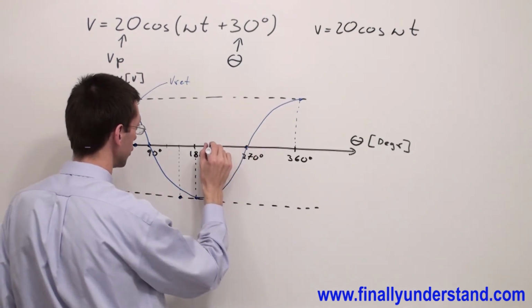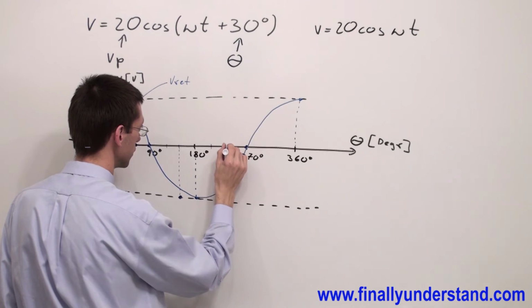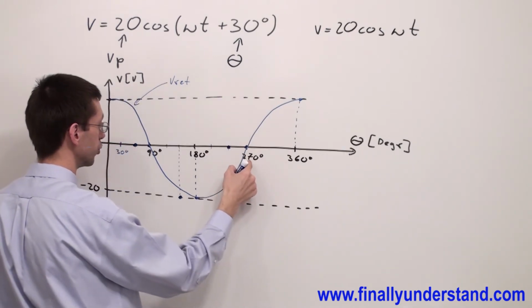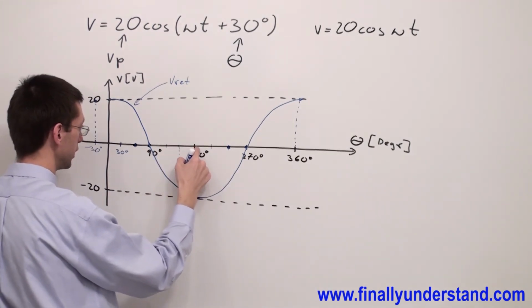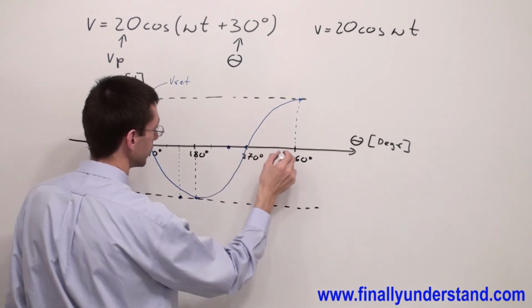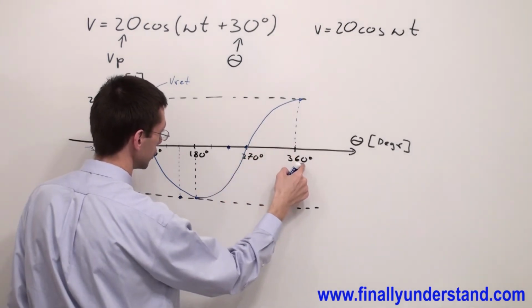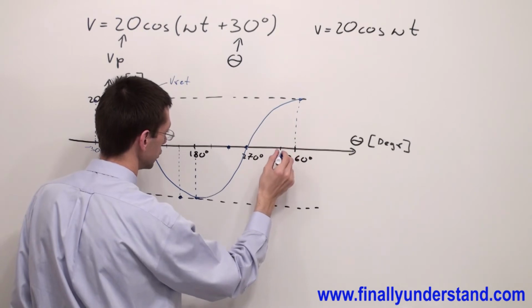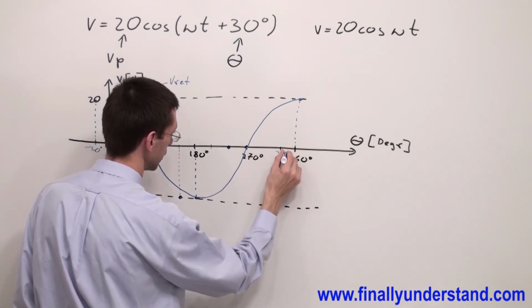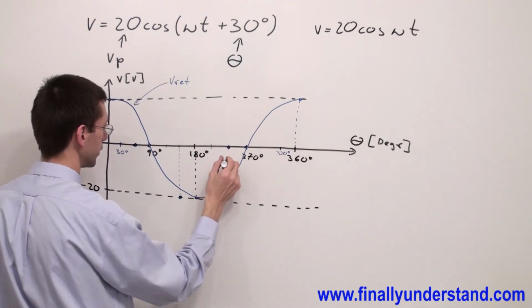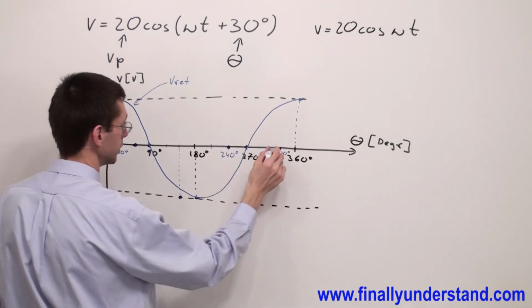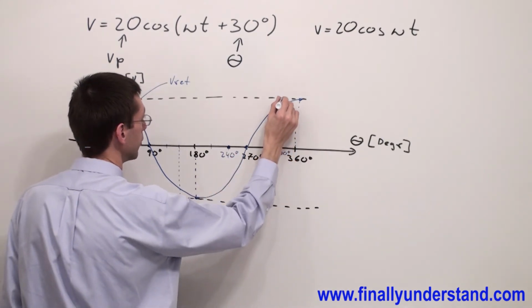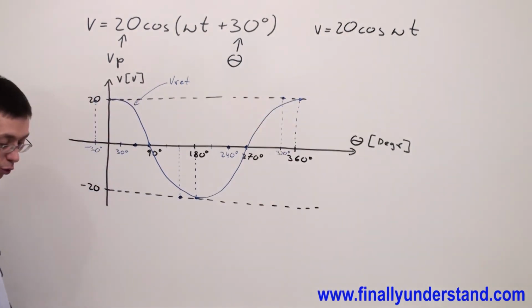My positive going, zero crossing, is going to be at this point, because we have to subtract simply 30 degrees from every single point if it comes to the peaks and zero crossings. And also we have to subtract from 360 degrees 30 degrees, which is going to give me 330 degrees, and this one is going to be 240 degrees. And this is going to be my positive peak. Next, I'm supposed to connect all these points together.